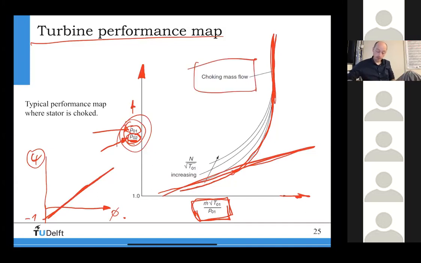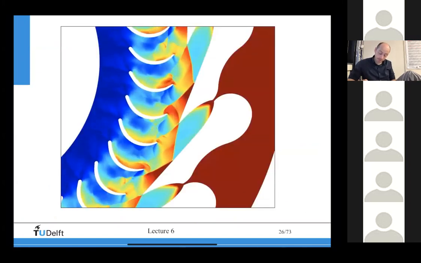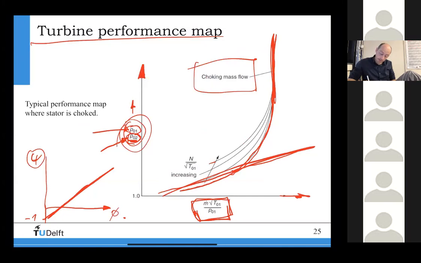This is a typical compressor turbine map now. And you can see that there are several lines here, this one, this one, and this one. These are different speed lines. If the turbine operates at different speeds, increasing n over square root of T1, you can see that these are the different lines. Because I have here mass flow only, and the rotational speed is not inside here, while before I had the rotational speed as well.